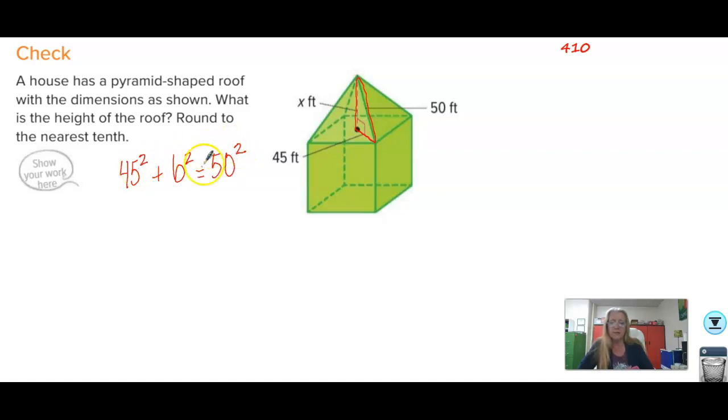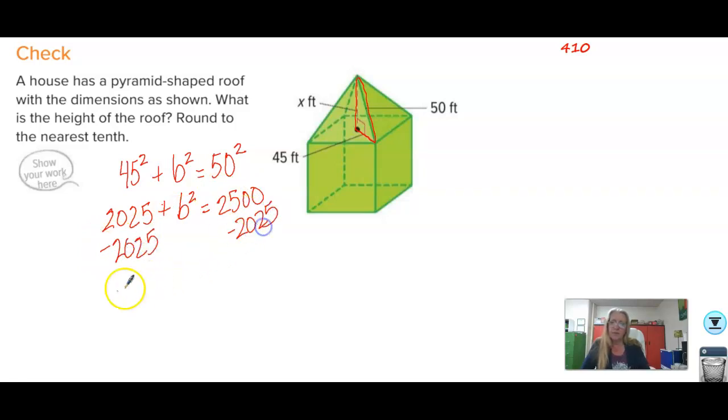Everything is squared. 45 squared is 2025, not too far in the future, plus b squared equals 50 squared, so that'd be 2500. Okay. Subtract 2025 from both sides, and we get that b squared is equal to 475.